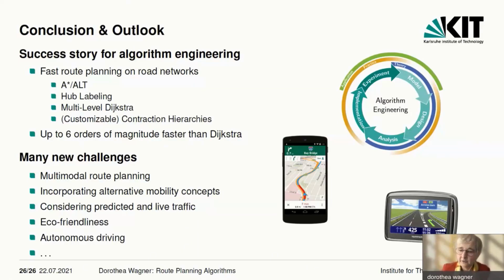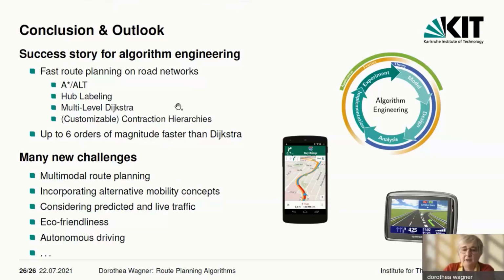We also considered the conditions that come in when we look at real traffic scenarios, that is, that the metric can change. And I explained how contraction hierarchies can be further engineered to be applicable in this scenario. And the result was customizable contraction hierarchies.